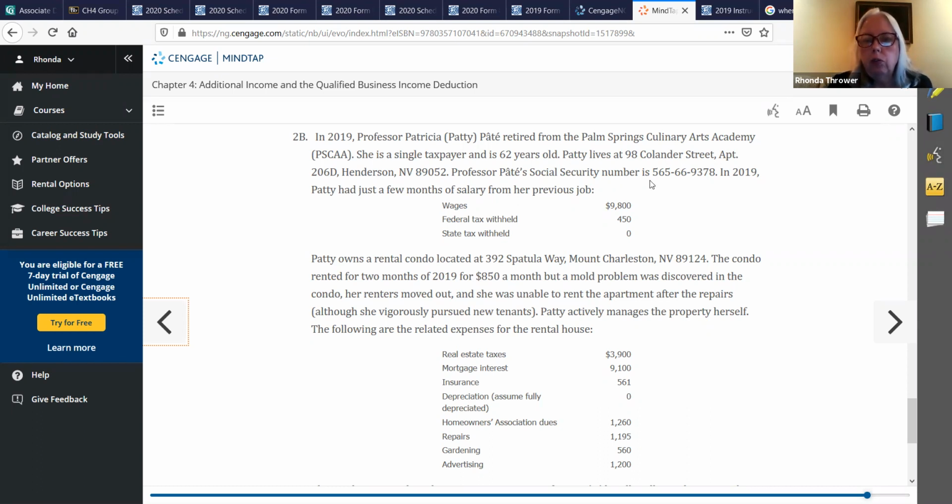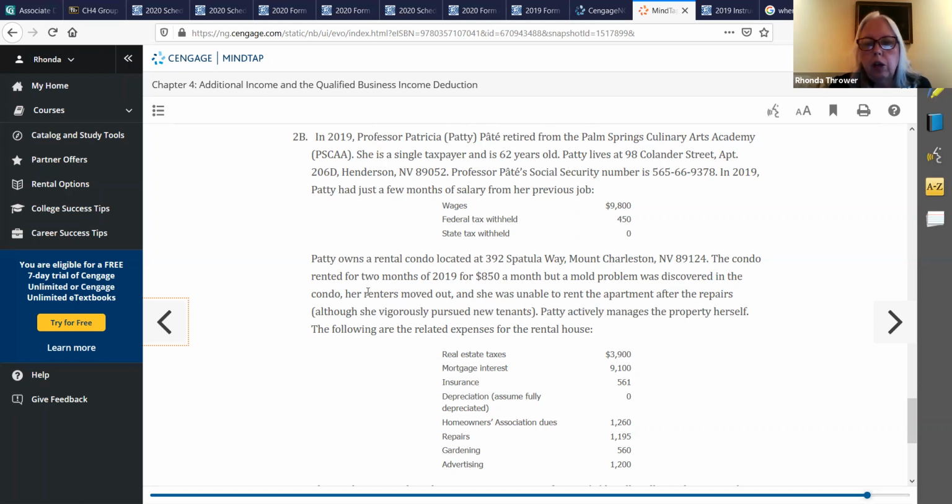Professor Pate's Social Security number is this, and in 2019, she had a few months of salary from her previous job. Patty also rents a rental condo located at 392 Spatula Way, Mount Charleston, Nevada.